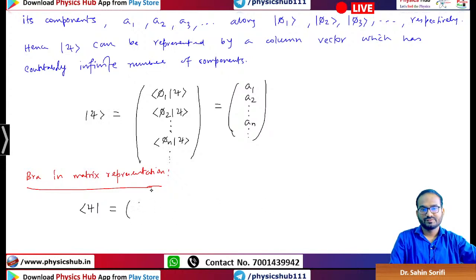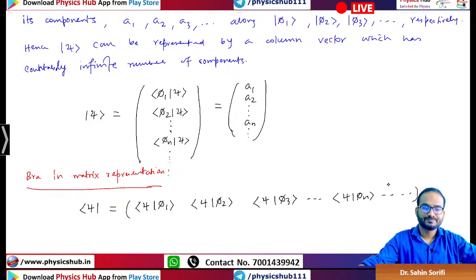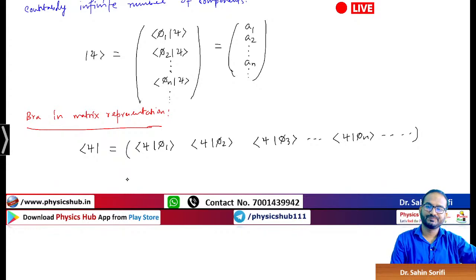Again, because this is a bra psi, bra psi comes first, so you have to take the scalar product with phi 1. This will give you a1, then bra psi phi 2 gives a2, bra psi phi 3 gives a3, and so on, bra psi phi n gives a n. Now there is a twist here. When it comes out from the bra, it will come out as complex.